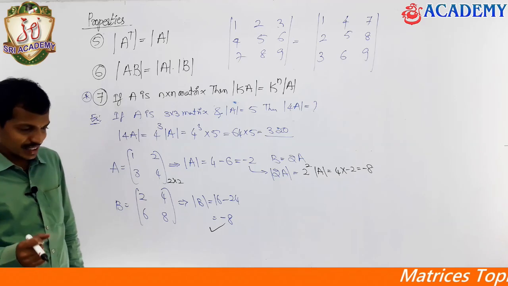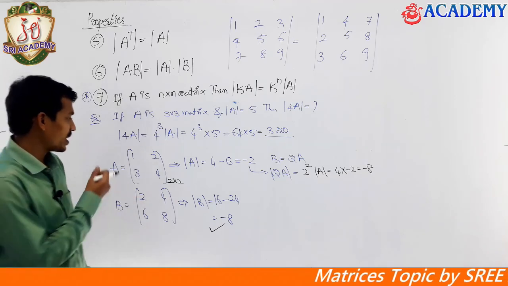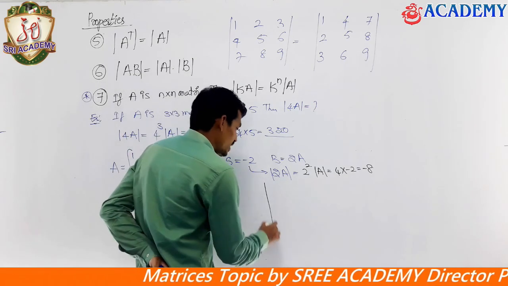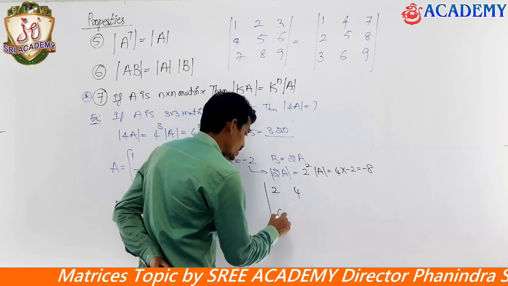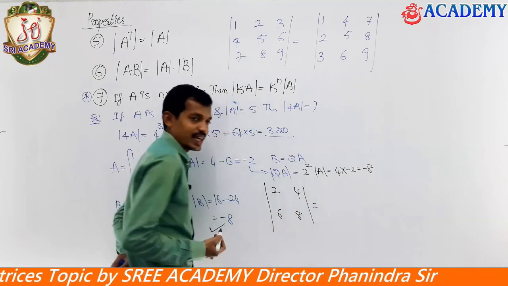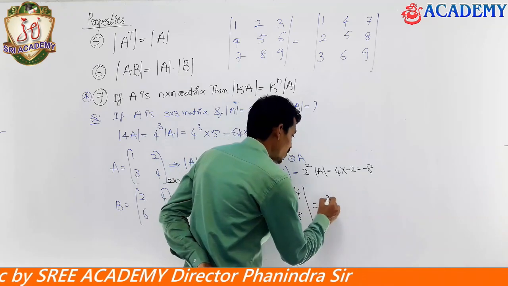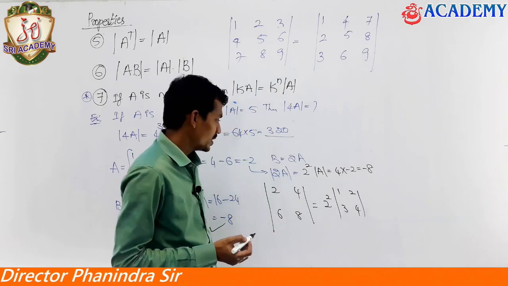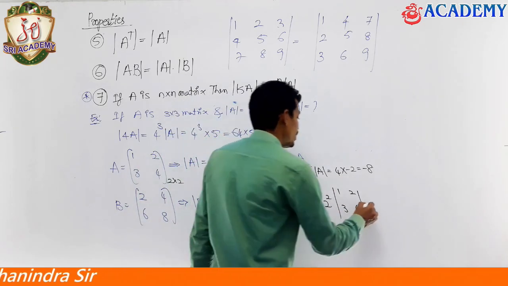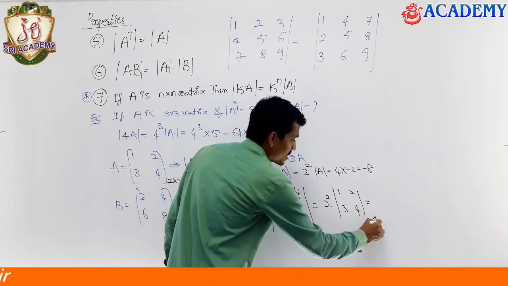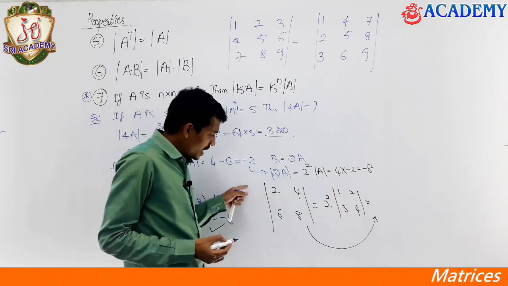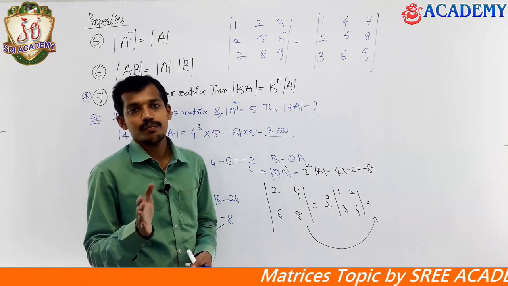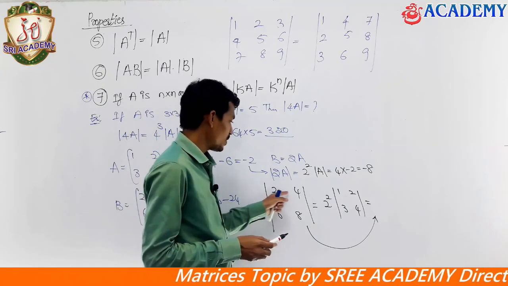Like here, in a determinant, we can use this concept. Suppose we have 2 4 6 8 in the determinant. I can write this matrix indirectly as 2 square into the determinant of 1 2 3 4. I can take common things from any row or any column if possible.